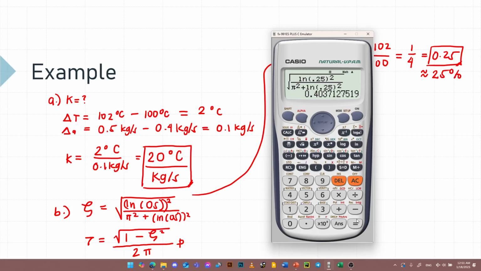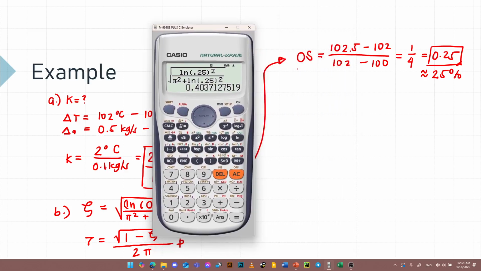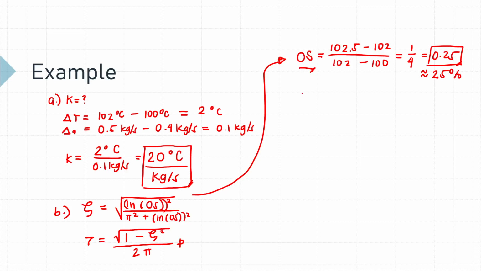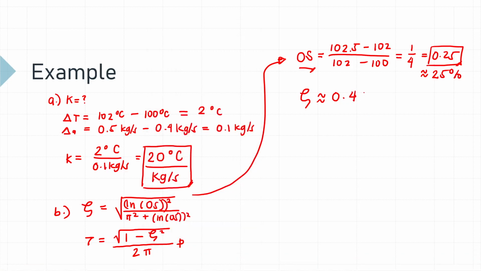This should give us a value of around 0.4037. So using this, our zeta now is roughly around 0.4037. Or we could just say this is around 0.4.